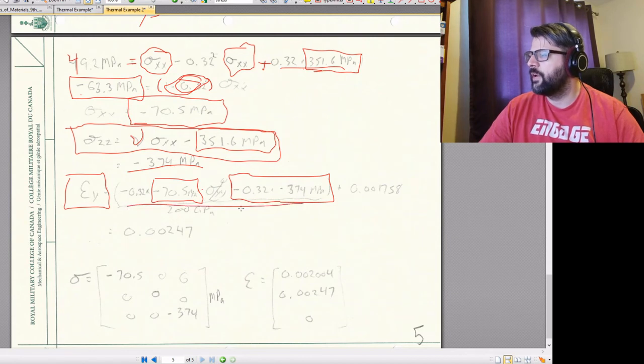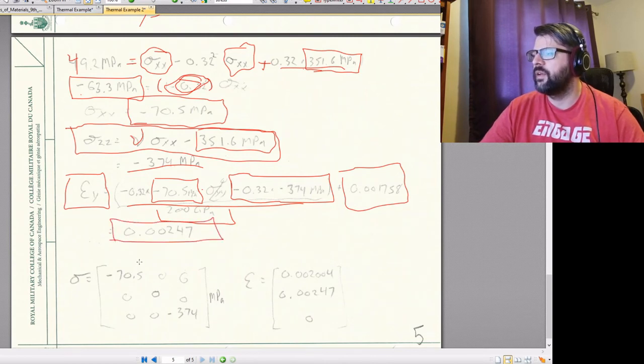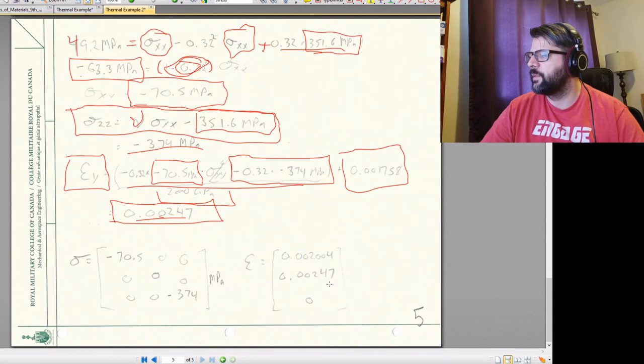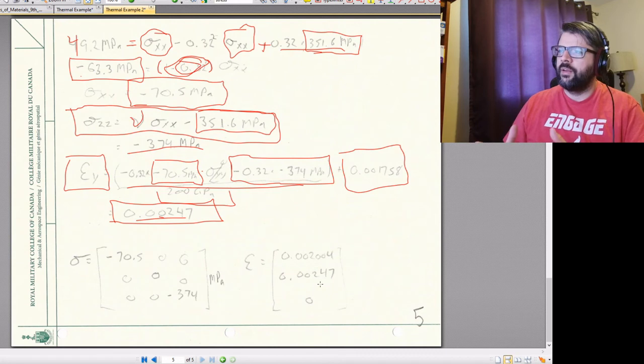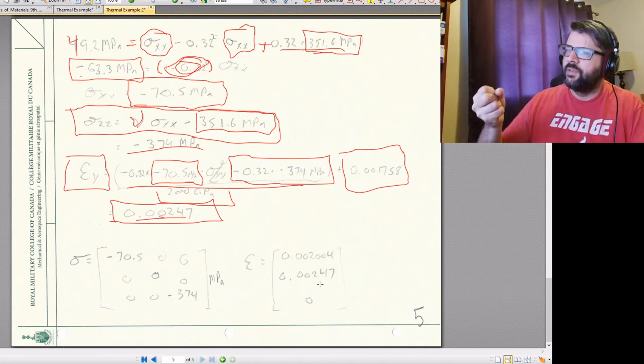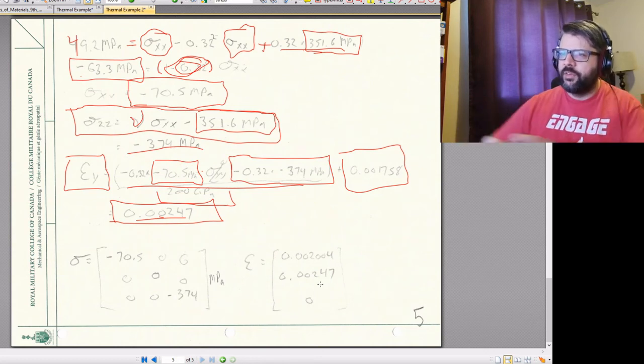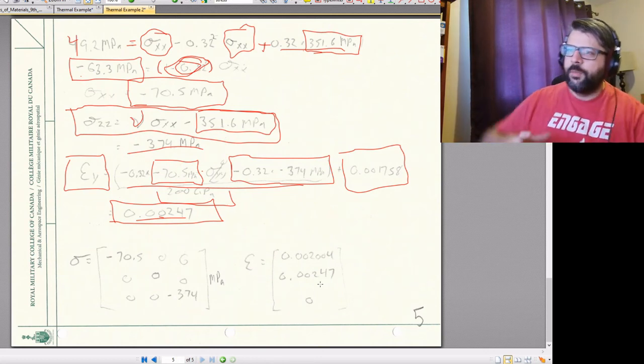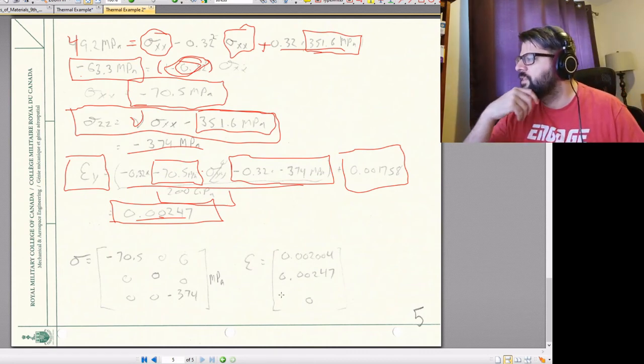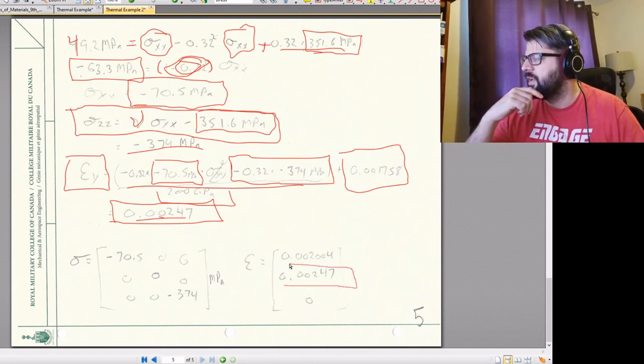All that divided by our Young's modulus plus our thermal expansion term gives us the strain in the Y direction. So it continues to squeeze, it expands just due to its thermal expansion, and also the other dimensions get squeezed enough to push it out even further. So its strain is going to be that.